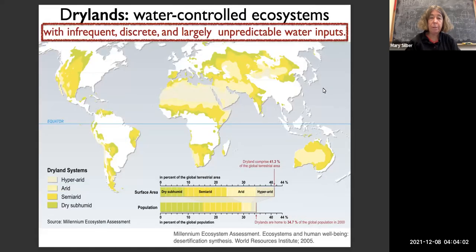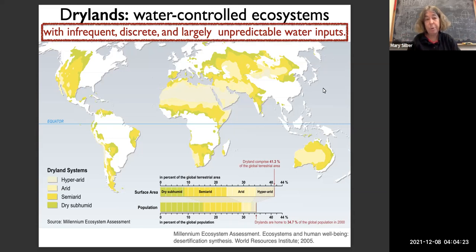The other thing I want to mention is that this is a phenomenon associated with dryland ecosystems. These are ecosystems for which water is the limiting resource. And the drylands comprise about 40% of the terrestrial globe.